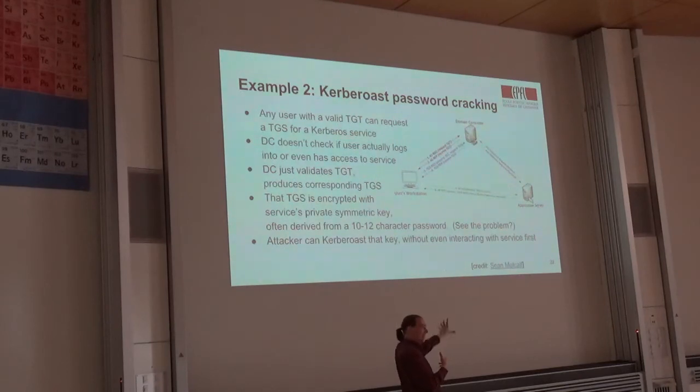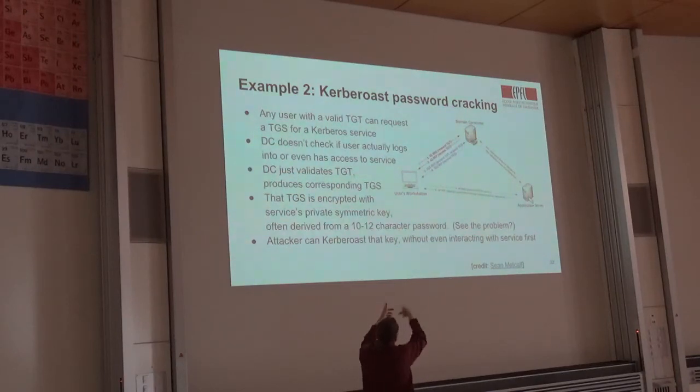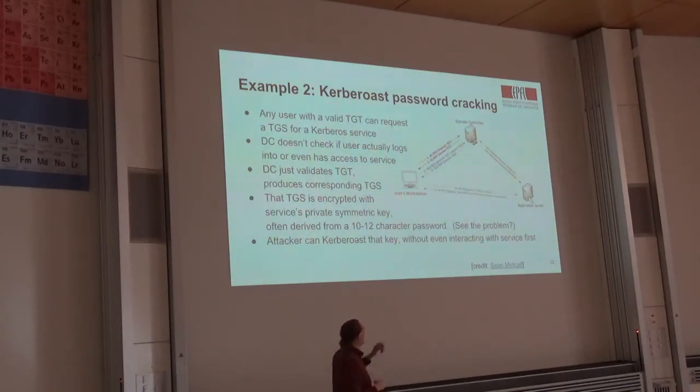The content of the ticket is what defines to the application server whether Alice has access, right? So if Alice doesn't actually have access to that server, she can still request a service ticket. The service ticket will say that she doesn't have access. If she goes to the application server and says, here's a ticket, can I have access? The application server will say no, you don't have access. And Alice can't forge that because she doesn't have access to the private key, right?